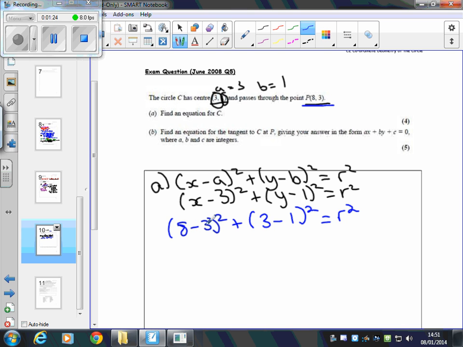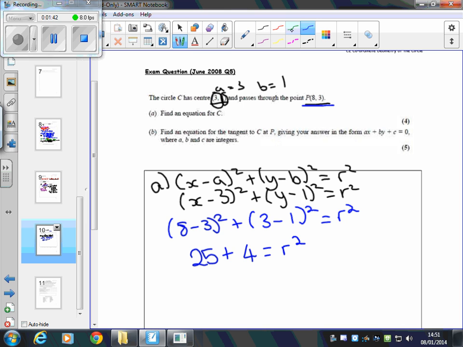So 8 minus 3 gives me 5, 5 squared gives me 25, plus 3 minus 1 gives me 2, 2 squared gives me 4, and that will be equal to r squared.